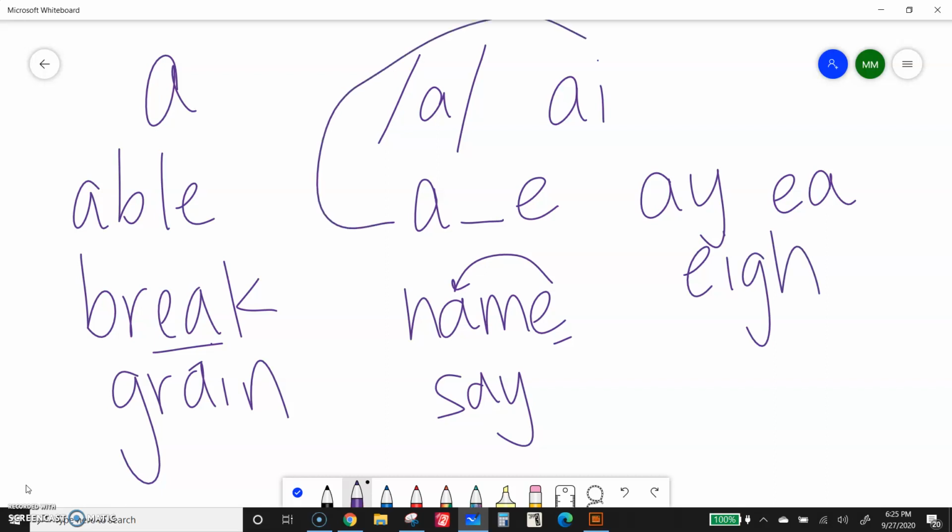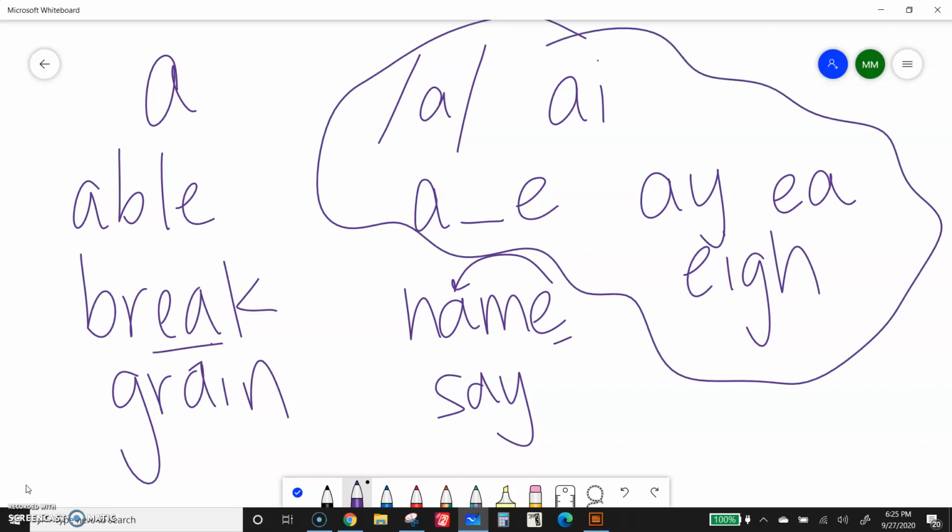So those are all ways that we can represent a long A. When you have to do your word sort, it'll show all of those to represent the long A. You won't have to figure out which one, but just know that it'll say this matches with this because those are the long A's, okay? And when you're looking to underline them, just listen for that A sound and know that it might look a variety of ways.